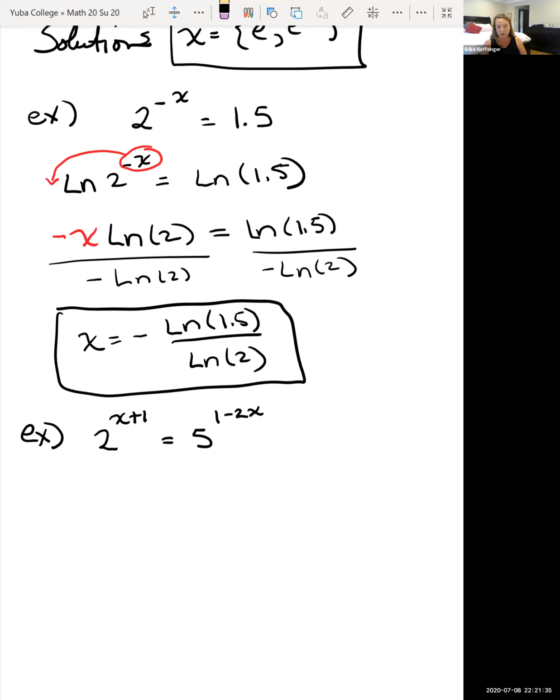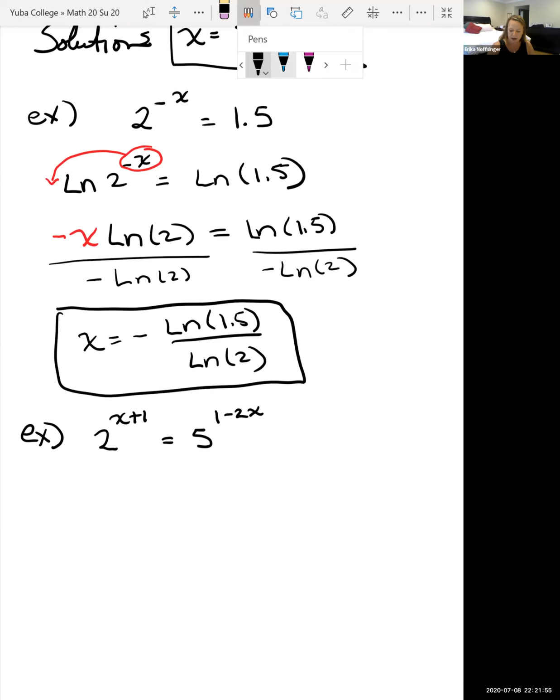Okay, so here's the case where I couldn't use that definition of logs, because I have exponents in both of my exponential pieces. But I noticed that I can use my rules of logs to bring down those exponents, and then my variable won't be in an exponent anymore, and we can manipulate it to solve.